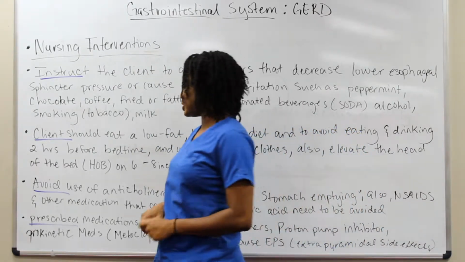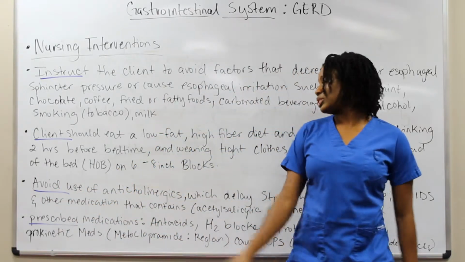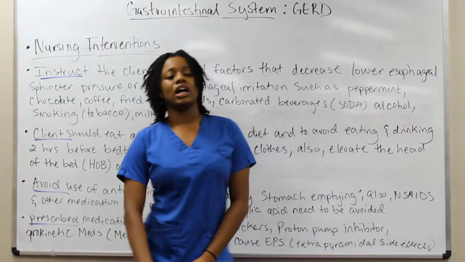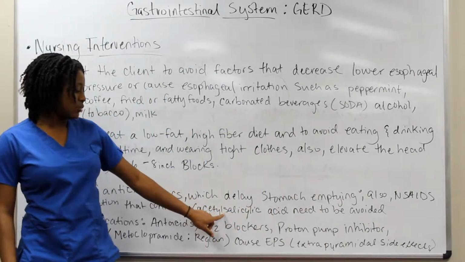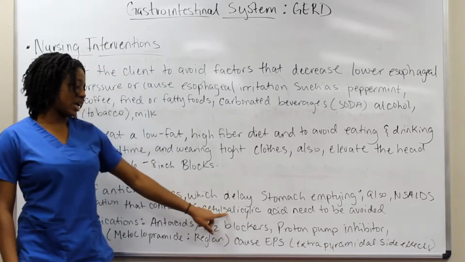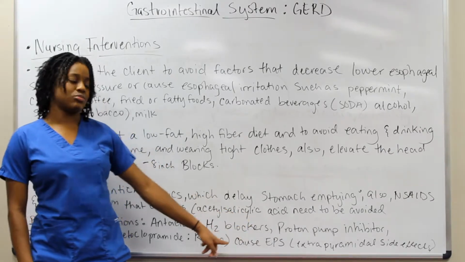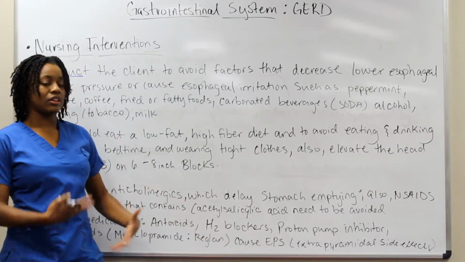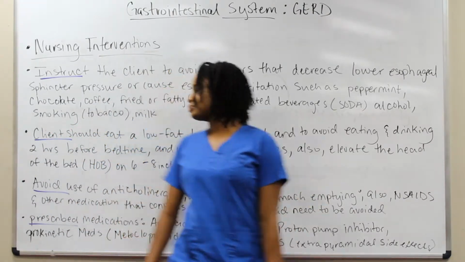Also, other medication that may have salicylates in them, and pretty much anytime you see this word right here, salicylates, okay, that means aspirin, or things that contain aspirin-like characteristics, okay? Those should be avoided as well, okay?